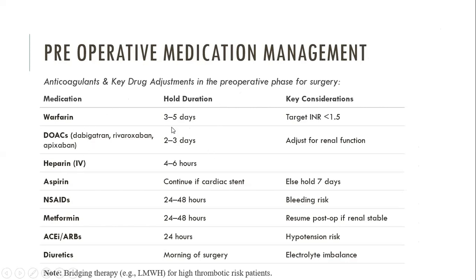If any patient is taking it, it should be held for 3 to 5 days, and you have to continuously monitor the INR for that patient, and it should be less than 1.5. Direct oral anticoagulants like dabigatran, rivaroxaban, and apixaban should be held for 2 to 3 days, and you have to look at renal function too. Heparin, like IV, should be held for 4 to 6 hours before the surgery.